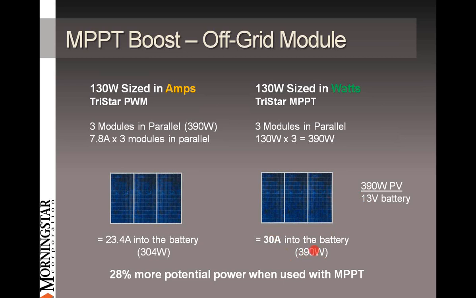You're going to get much closer to this level than, of course, with the 304. So basically the difference between these two is about a 28% gain. That's the most typical example of when you hear manufacturers refer to this 30% gain. It's usually that number. It doesn't happen all day long. It doesn't happen in a lot of cases, especially when the modules are hot, but it is possible. It's possible to get higher than this as well. It really depends on the conditions.